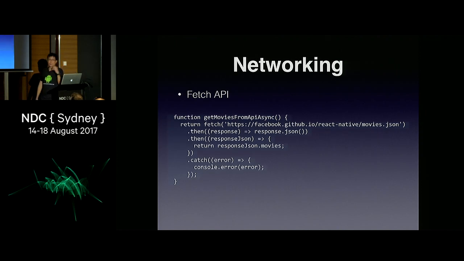Networking. Of course, your applications want to talk to the outside world. Now, in React Native, there are a few ways to talk to the outside world. You can use the fetch API, which returns you a promise object. So you can connect to a URL, get back the response, convert this to a JSON, process the JSON file, update your UI, whatever things you want.